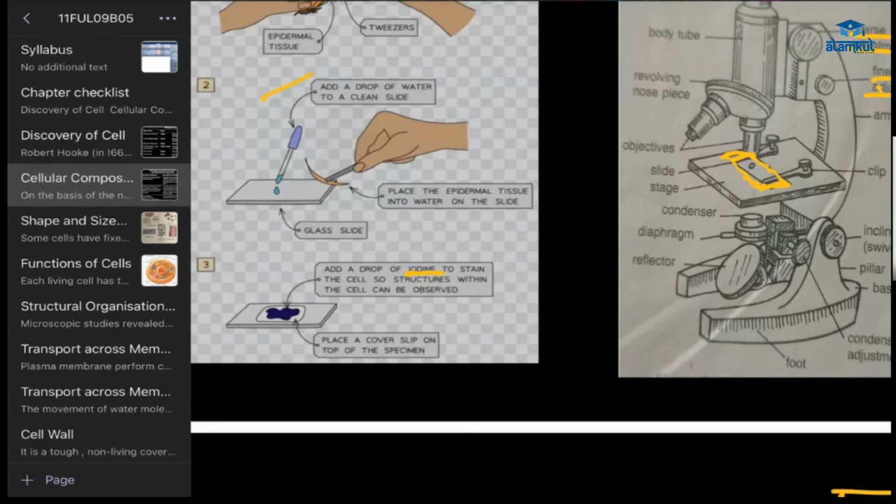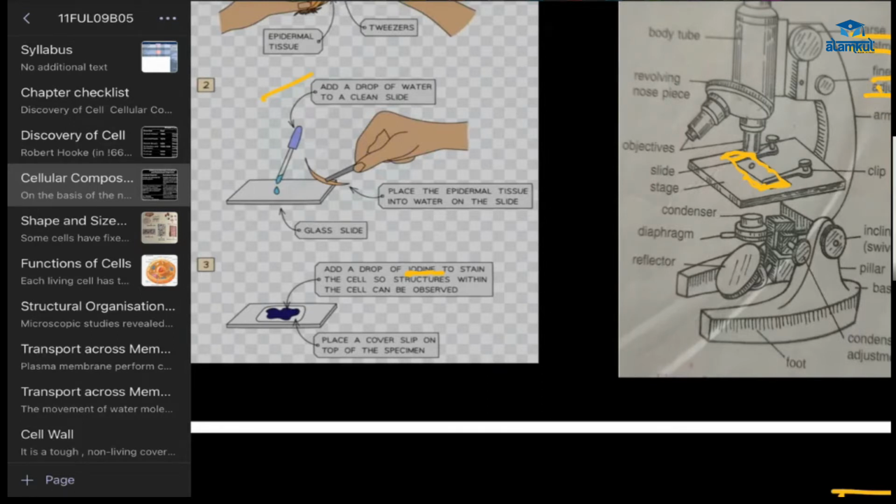When you go to the lab, you will find it there. Have you gone to the lab? No, ma'am, never. Okay, we'll go, there you will find it. Then we put that piece of onion cell and put clean water on it. After that, we put iodine solution also. Then we cover it with a cover slip.